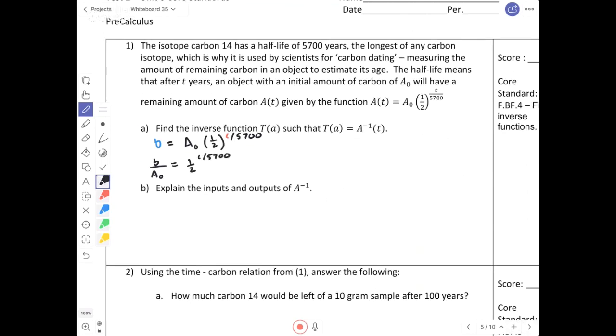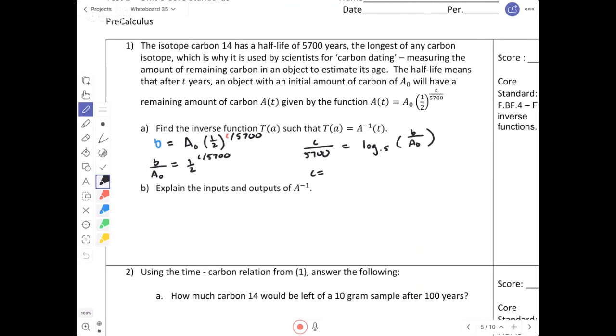And then looks like I could rewrite it as a logarithm. So that means c over 5,700 equals log base 0.5, which is the same as 1/2, of B over A naught.